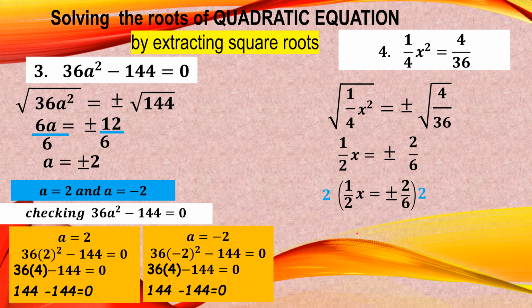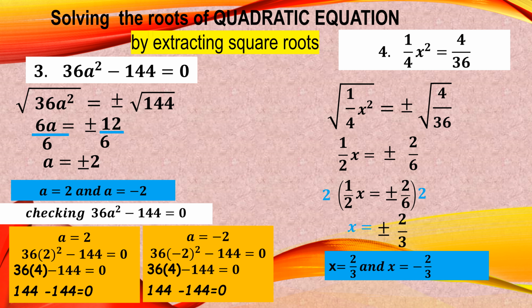So what is 2 times 1/2 x? This will already give us an x, because 2 divided by 2 gives us 1x or x. And 2 times 2 will be 4. And what is 4 over 6? 4 over 6 is just the same thing as 2/3.